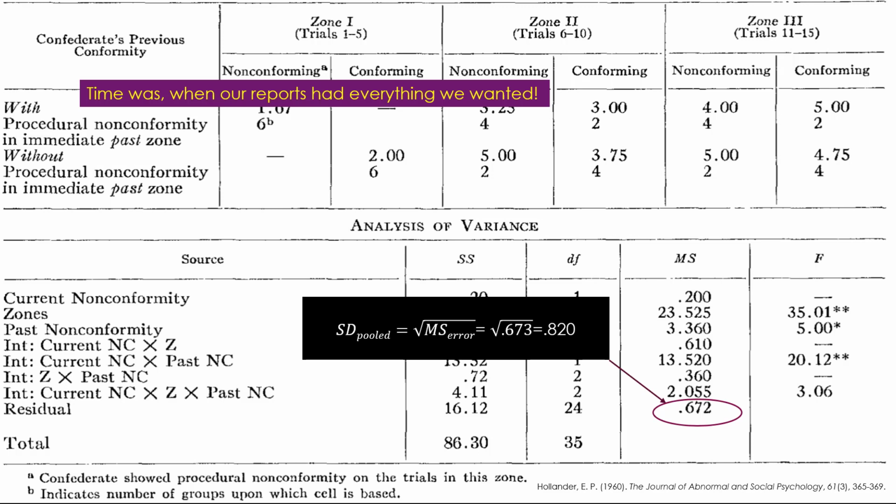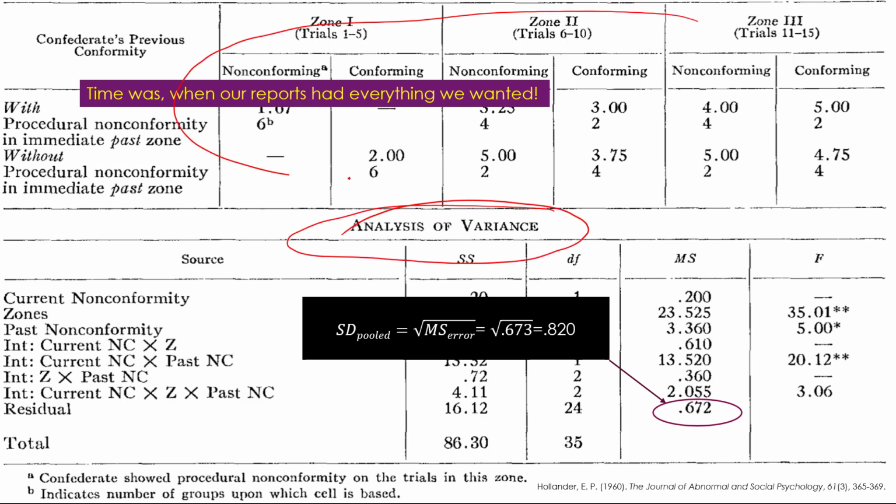Now, in a previous era, reports had everything we wanted. I mean, this was when things were really good. Back in the 1960s or so, when Edwin Hollander published this particular study, and the details are not relevant, I'm just pointing out, here's a whole analysis of variance table.